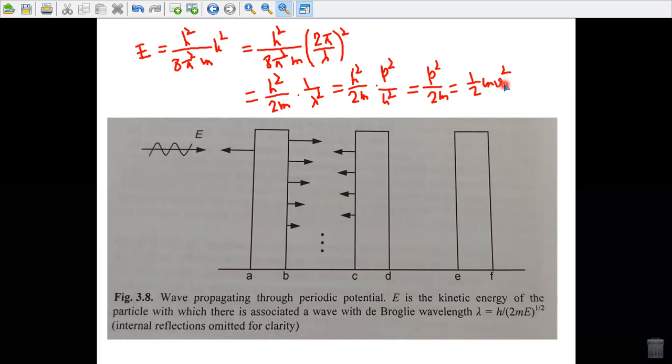So the appearance of allowed energy bands for waves propagating in a periodic lattice, as exhibited in the Kronig Penney model, is a general feature. The physical reasons for this phenomenon are fairly easy to find, as shown in this figure.